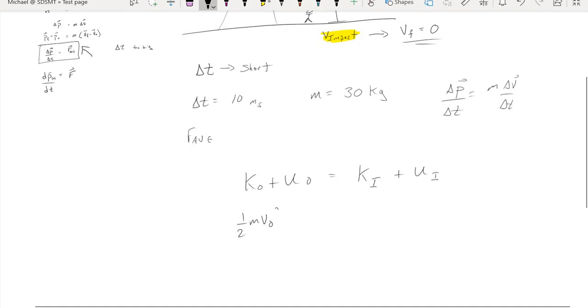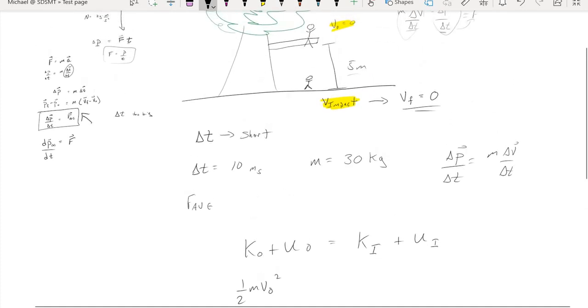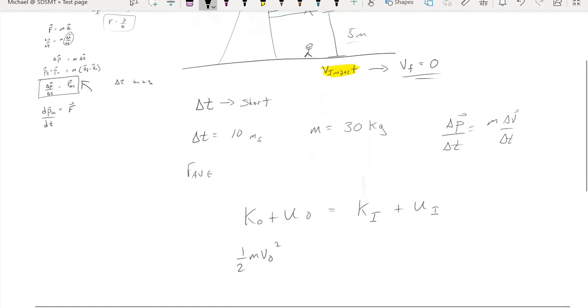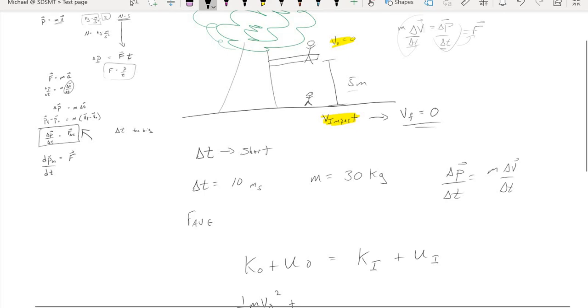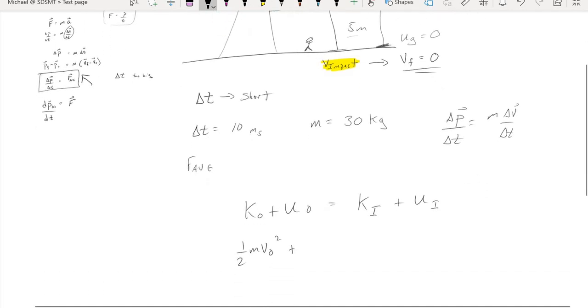Now we'll assume that the child starts from rest at the branch, and so the initial kinetic energy will be 0. The initial potential energy will be based on how high above the 0 point we are, and we'll just go ahead and let ground level be the 0 point for our potential energy.